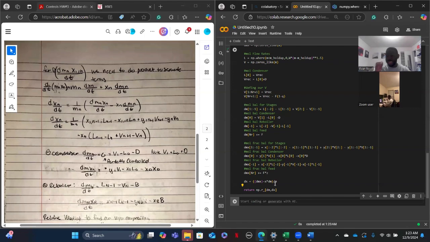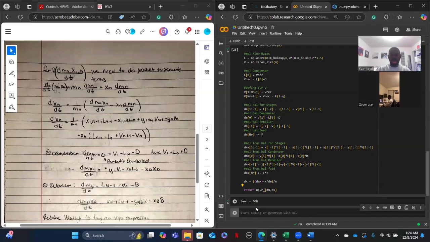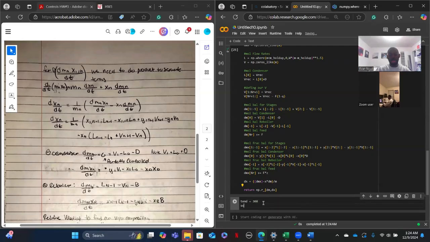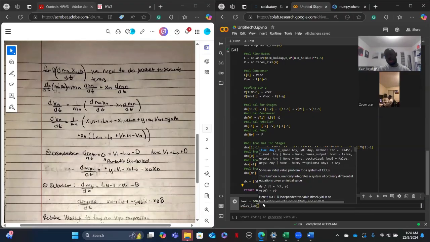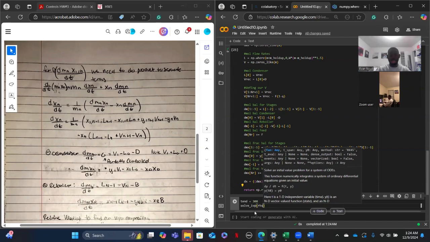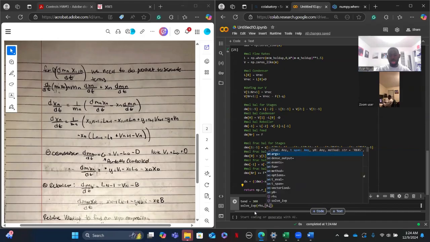Let's go. Okay, so next thing we'll do is we'll put this into a solver. So we'll do solve IVP, of course, and then for our IVP, we'll do our function, so the right hand side. Next our time span, so we do from 0 to 10.